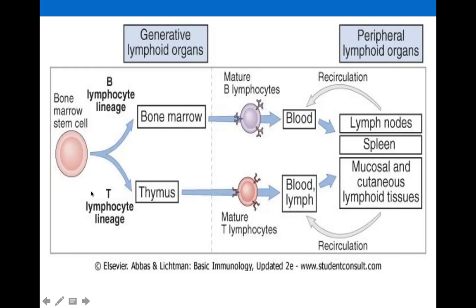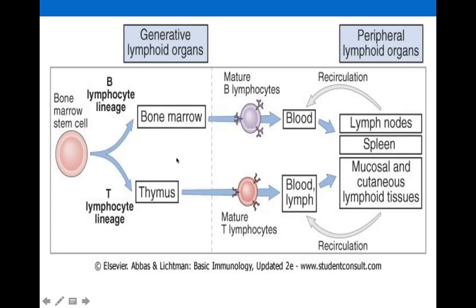If it is the B lymphocyte lineage, usually the differentiation happens in the bone marrow. Now let's trace. After the B lymphocyte differentiates in the bone marrow, it enters the blood. Sometimes it goes to the peripheral lymphoid organs, and some of the B lymphocytes are then recirculated back to the blood.